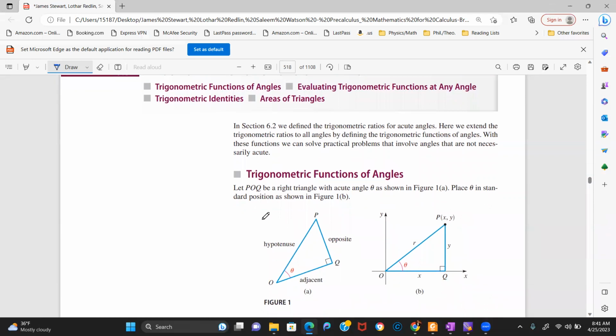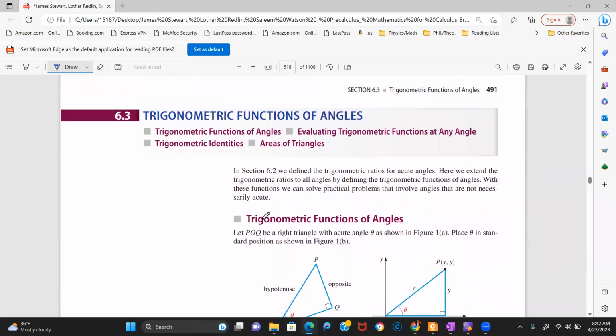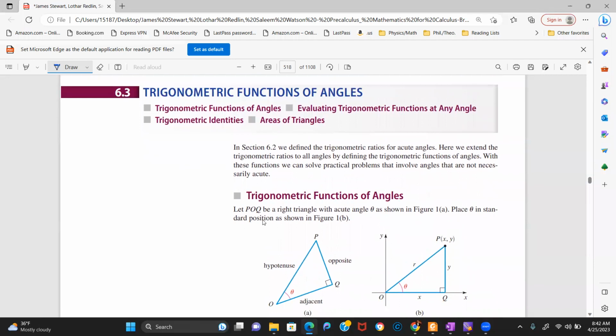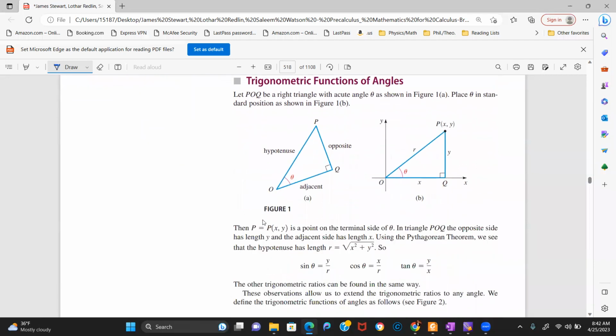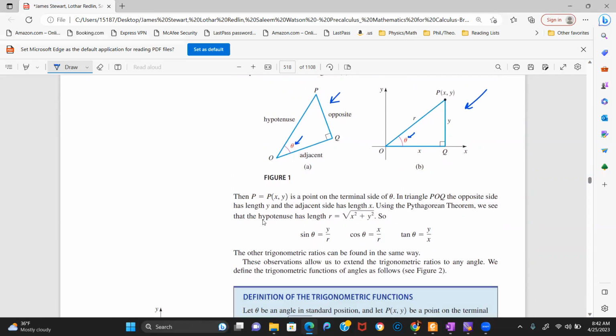So now we define the trig functions for right triangles, and now we want to define the trig functions for any angle. To do this, we take a given angle, this one right here, and we put it in standard form, like so. The measure of this angle is still theta.